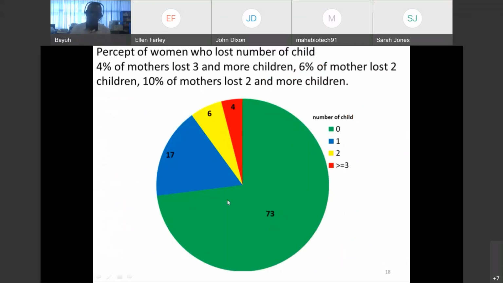This pie chart shows the mothers who suffer child loss based on the number of children. The green color indicates mothers who did not lose any children, 73% of them.